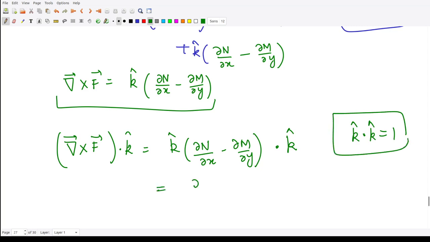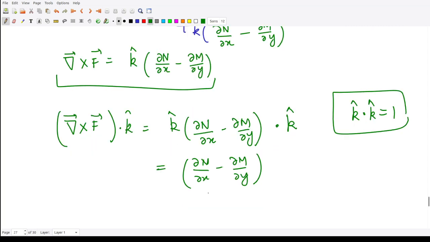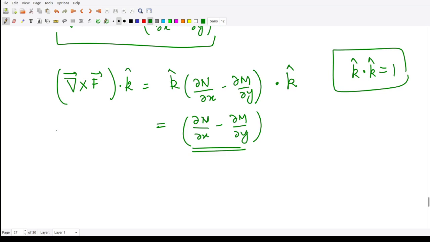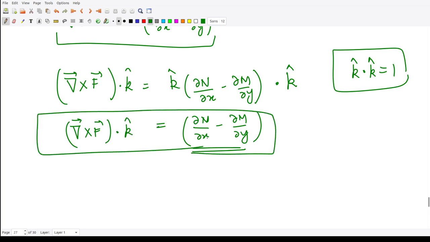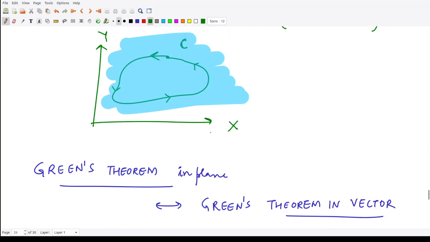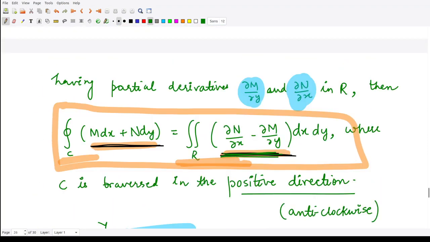So therefore you have del n by del x minus del m by del y. So the value of this quantity here is equal to del cross f vector dot with k vector. So on the right hand side for this Green's theorem, you can write del cross f dot k.